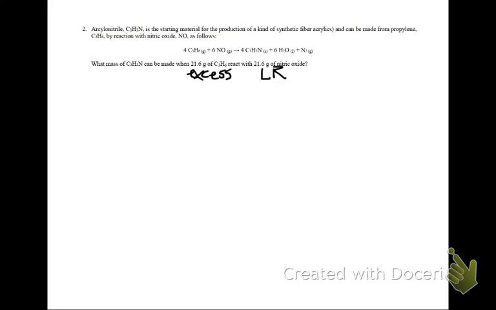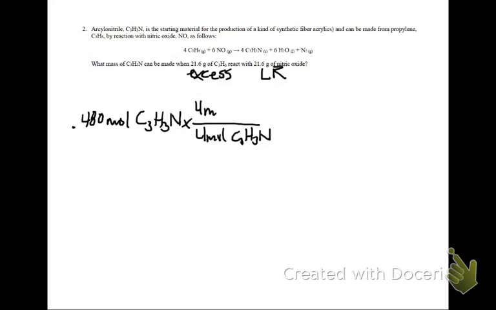So if we decided that we can only make 0.480 moles of the acrylonitrile, we want to convert that into grams of C3H6, our excess reagent. So there is 4 moles of C3H3N, getting that from the equation, for every 4 moles of propylene.